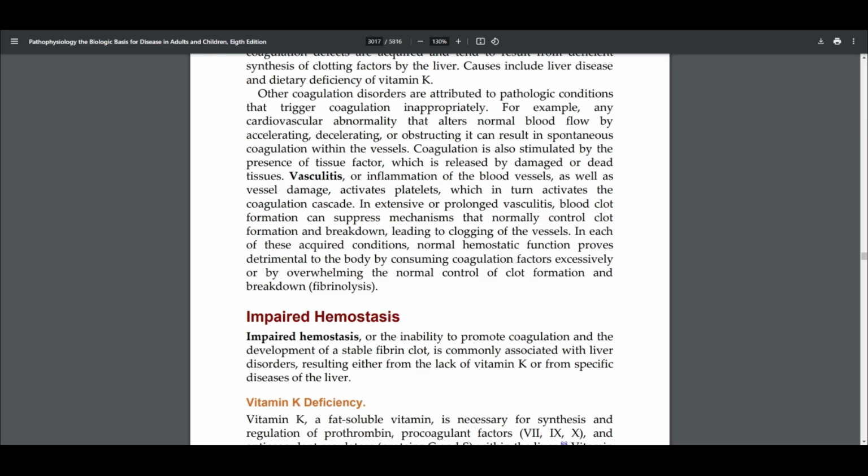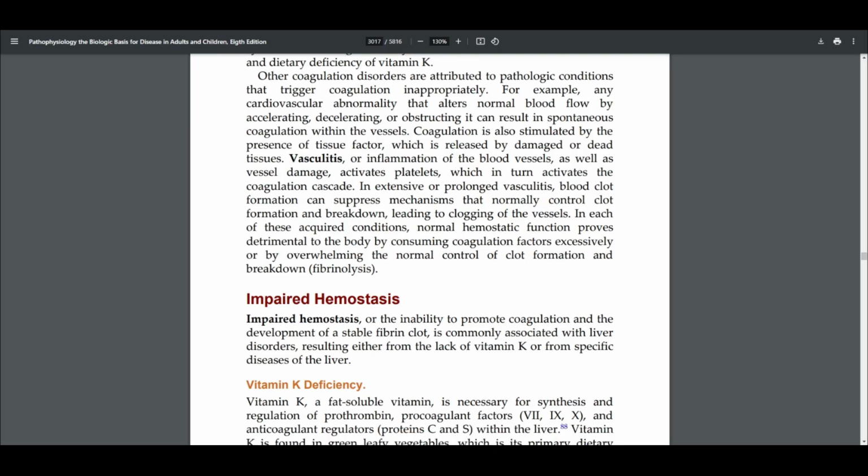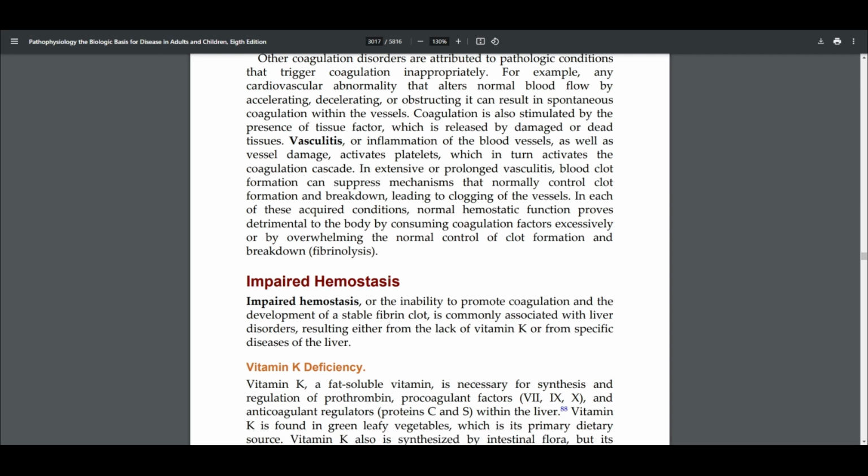Vasculitis, or inflammation of the blood vessel, as well as vessel damage, activates platelets, which in turn activates the coagulation cascade. In extensive or prolonged vasculitis, blood clot formation can suppress mechanisms that normally control clot formation and breakdown, leading to clogging of the vessels.